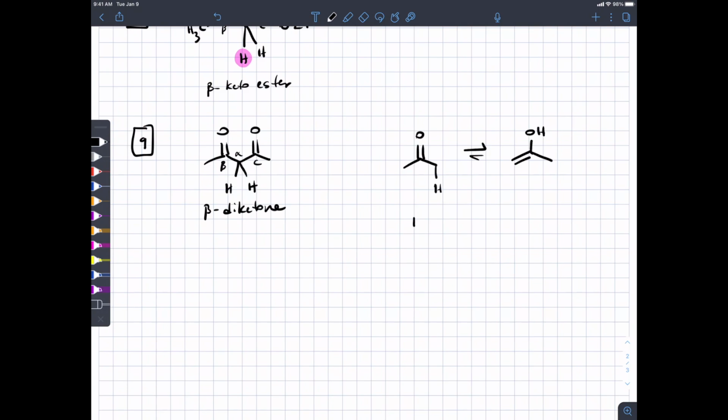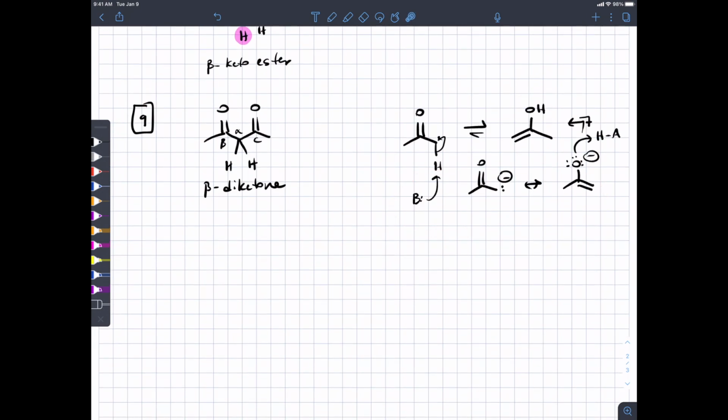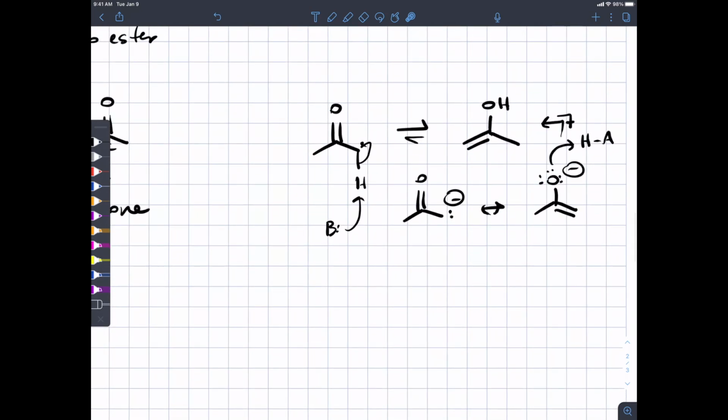Presumably the way this happens is first some base removes a proton from the alpha carbon to get you the enolate, and then the enolate gets protonated on the negatively charged oxygen, and that gives you the enol. So this is tautomerization, and you may have done it before without realizing what you were doing or why the alpha proton was particularly acidic. This is the keto form. This is the enol form.